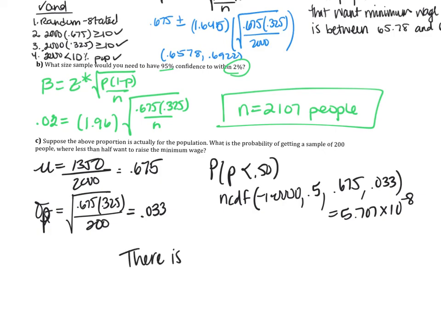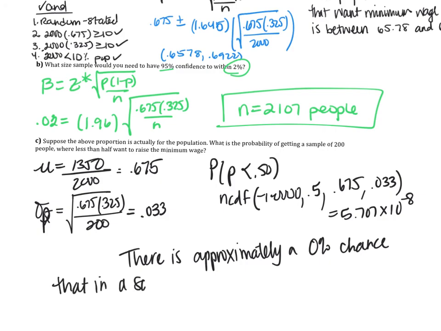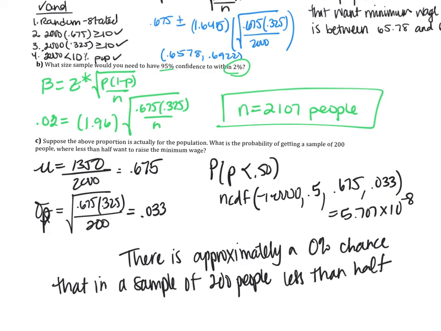So there is approximately a 0% chance that in a sample of 200 people, less than half will want to raise minimum wage.